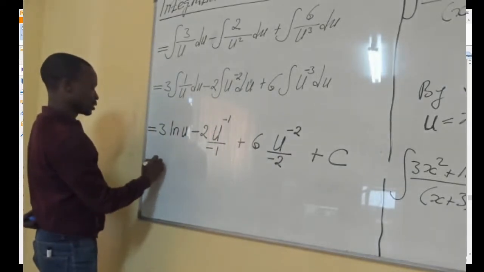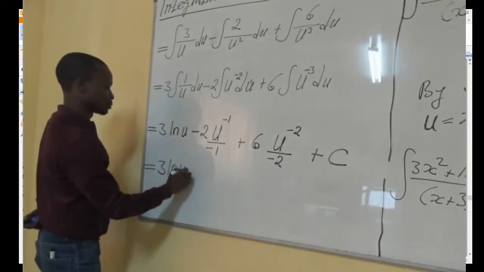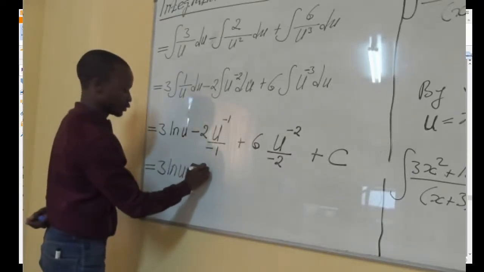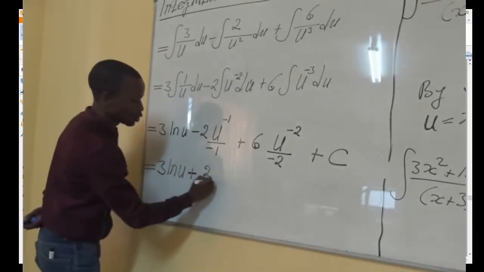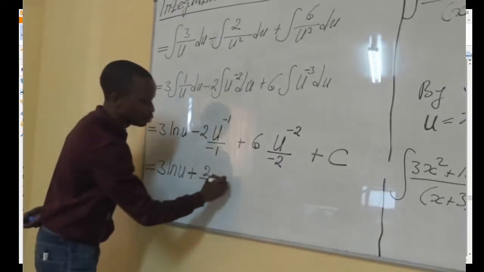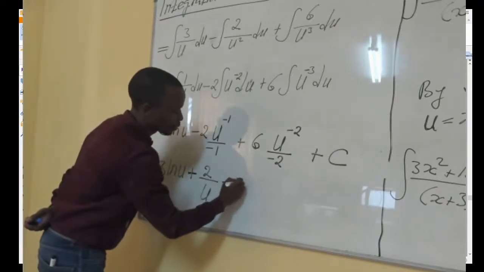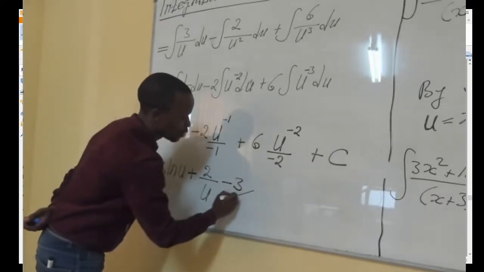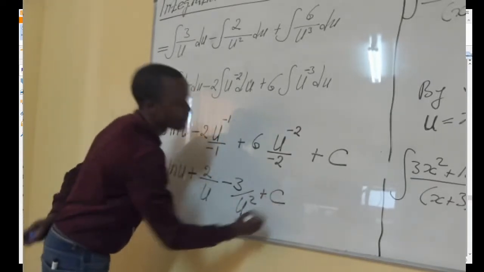Which gives us 3 ln of u minus 2, negative and negative give positive, over u, because u to the power negative 1 is 1 over u. Positive and negative give a minus 3 over u squared plus c.